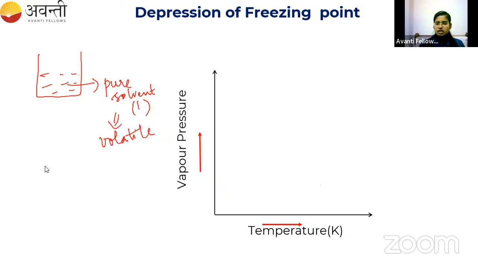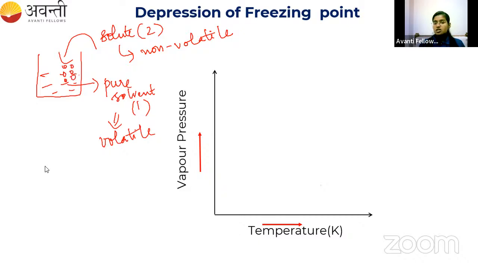For water, the freezing point is actually 0 degree. So let it be 0 degree. Now I'm going to add a solute, which is component 2, and the nature of the solute is non-volatile. If I add the solute to this solvent, it will form a solution again. So what is the freezing point of that solution? Whether it will increase or decrease. This is the frozen solvent. This is actually the liquid solvent curve.